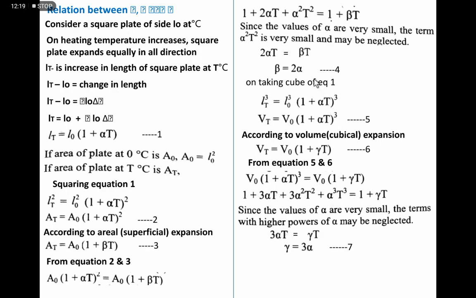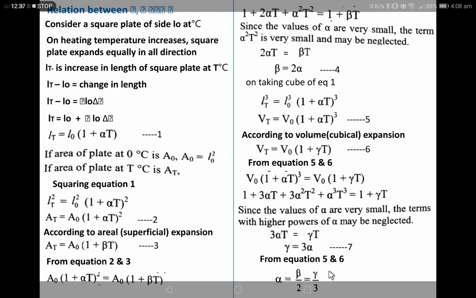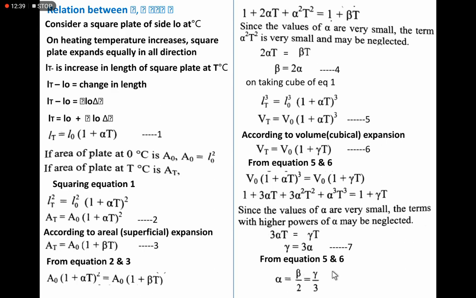So alpha is on the right hand side, so the new equation we write is alpha is equal to beta by 2 is equal to gamma by 3. This is the relation between alpha, beta, gamma, that is the coefficient of linear expansion, coefficient of areal or superficial expansion, and coefficient of volume or cubical expansion.